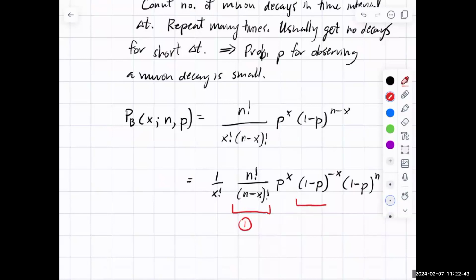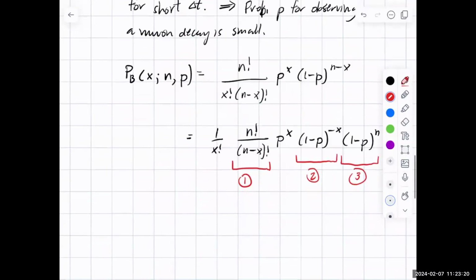We'll take the 1 minus P to the minus X, and we'll call that factor 2. And we'll take the 1 minus P to the N, and we'll call that factor 3. So the idea is we're going to make some approximations for these 3 different factors, and then we'll bring them all together, plug them back into this expression, and that will be our derivation of the Poisson distribution.